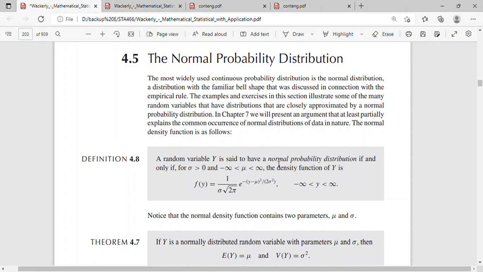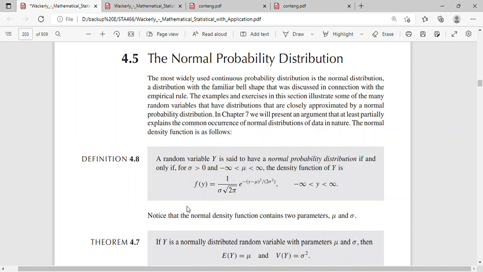Before this, in the previous videos yang I share sebelum ni, you already know how to derive the mean, median dan juga moment generating function untuk normal distribution. So you are familiar with the PDF of this distribution.